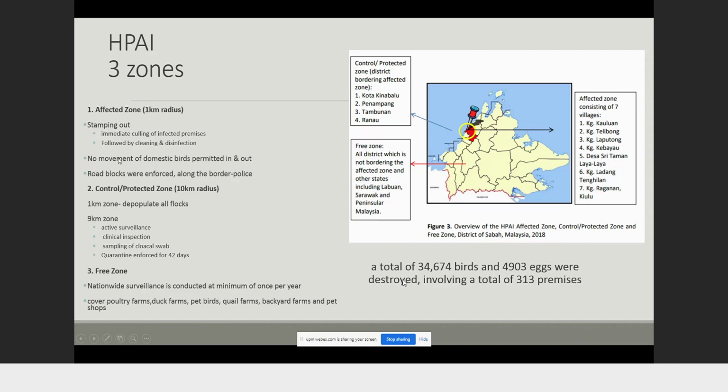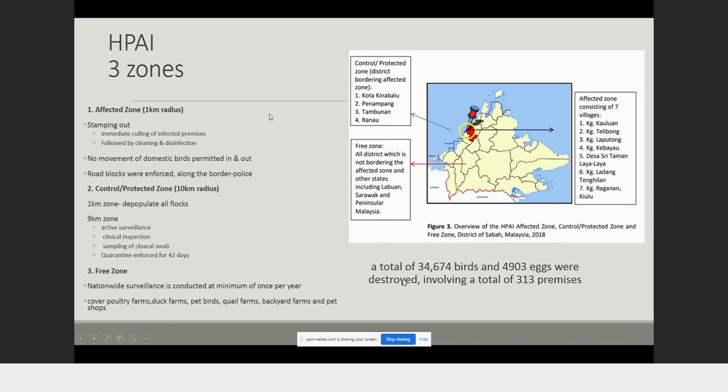In this affected zone, no movement of domestic birds is permitted in and out of the region, and there will be enforcement by the police, where roadblocks will be carried out along the border of the affected area.